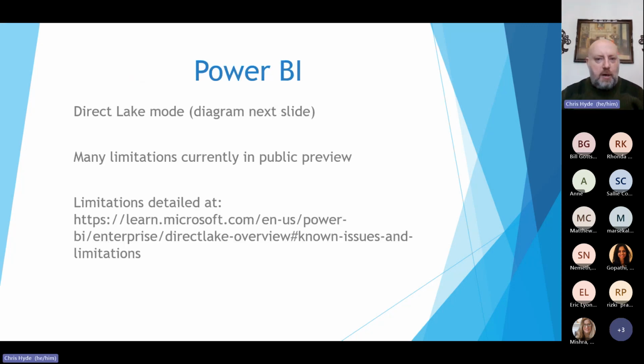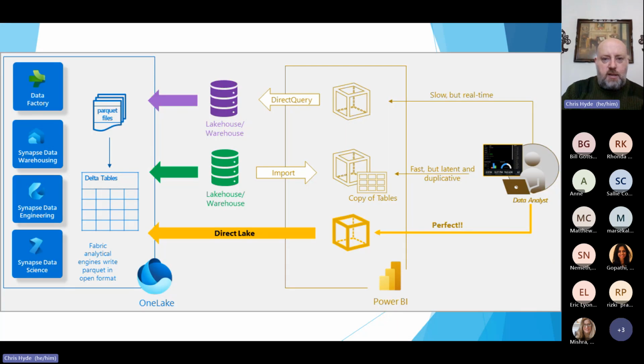All right. Power BI, as we all know and love, the best thing we're adding here is something called direct lake mode. So let's look at this, right? We've always had sort of a problem with Power BI. We want real-time data, but if we want real-time data, we have to use direct query to go back to our lakehouse or warehouse, and that's not always super speedy.